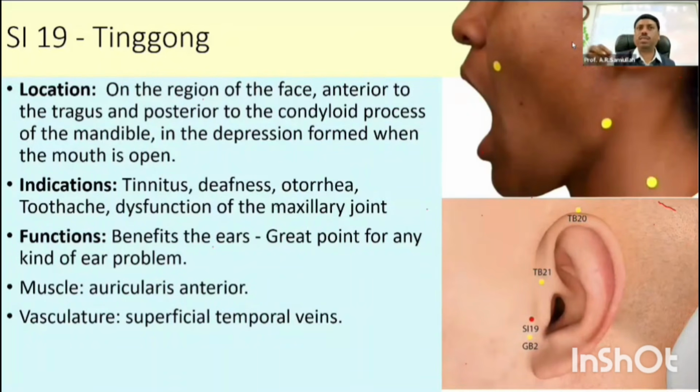Three points together: Tinghui, Tinggong, Ermen, Erjian. These are good points to treat all auricular-related disorders where the cochlear nerve, known as the 8th cranial nerve, needs to be activated. This will support the child.